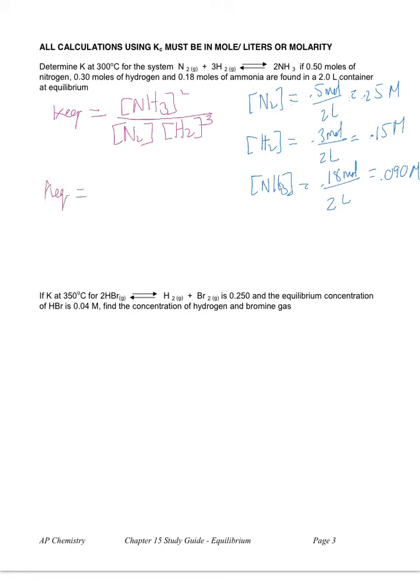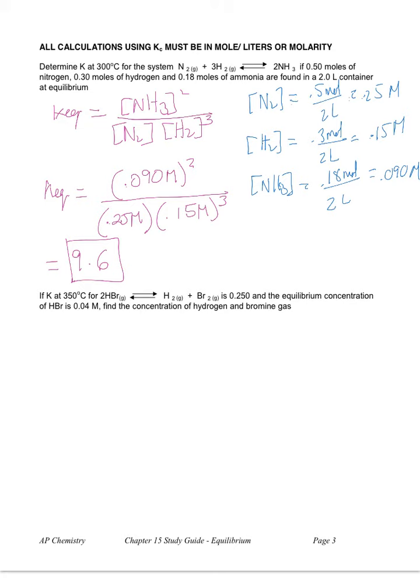So Q is equal to the concentration of the ammonia, 0.090 molar squared, divided by concentration of N2, 0.25 molar, times concentration of H2, 0.15 molar, but then that's cubed. Plug that into your calculator. You end up with 9.6, so that's our answer.